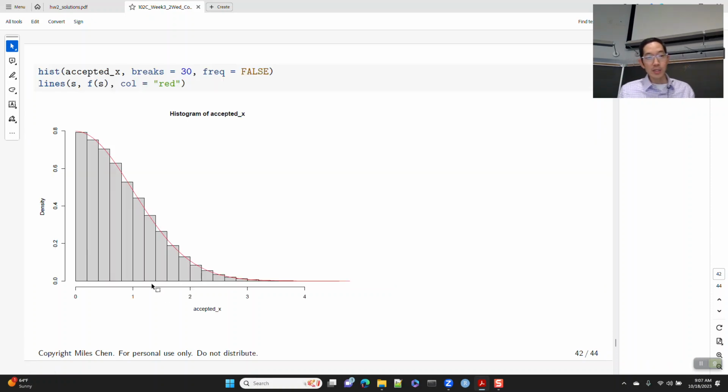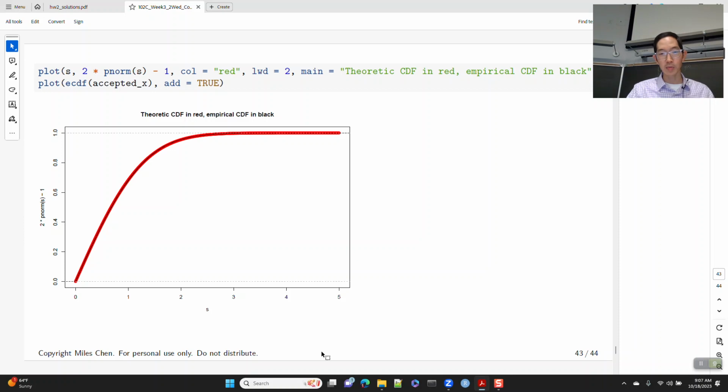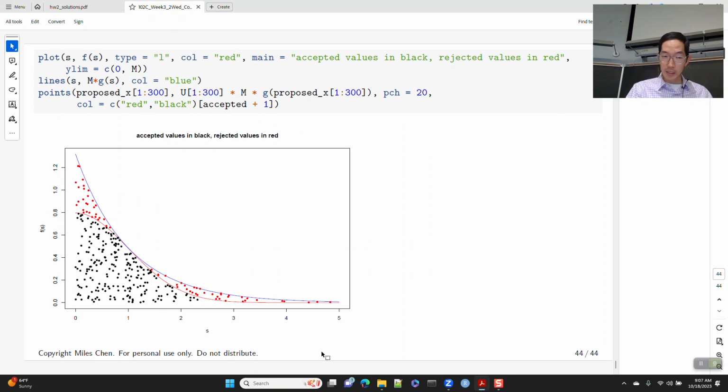Looking at this, indeed, this looks like our target distribution. This is what we want, okay? And here's our comparison between the theoretic CDF and our empirical CDF. And here is a picture showing what values we have. What we can see is that the density of dots proposed here looks like a uniform density, which means values closer to zero are proposed at a much higher rate than values, say, between 4 and 5.